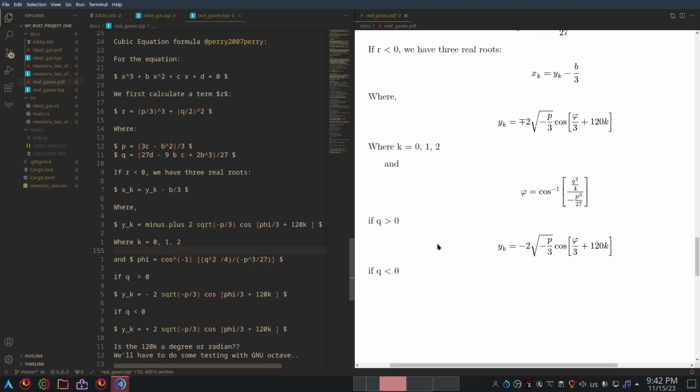And if q is more than 0, we'll have this expression for yk. That's why you have this minus and plus sign here. If q is more than 0, yk equals minus 2 times this square root thingy, minus p over 3, cosine of this number here.